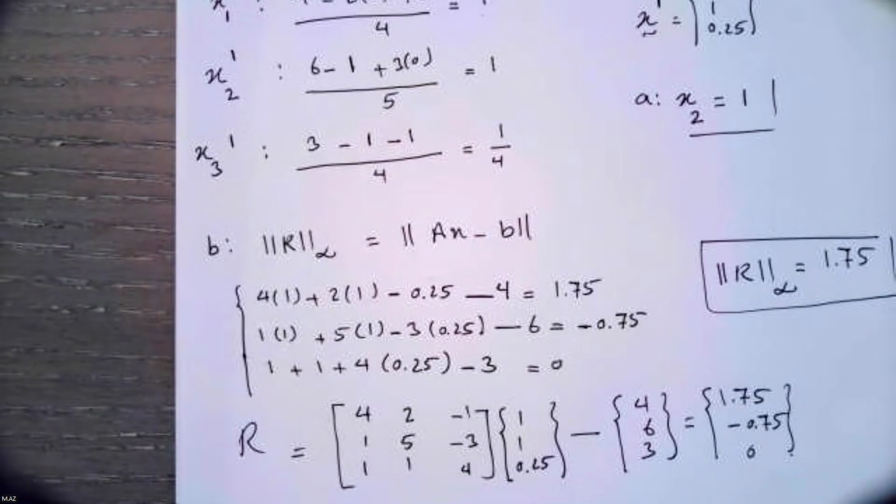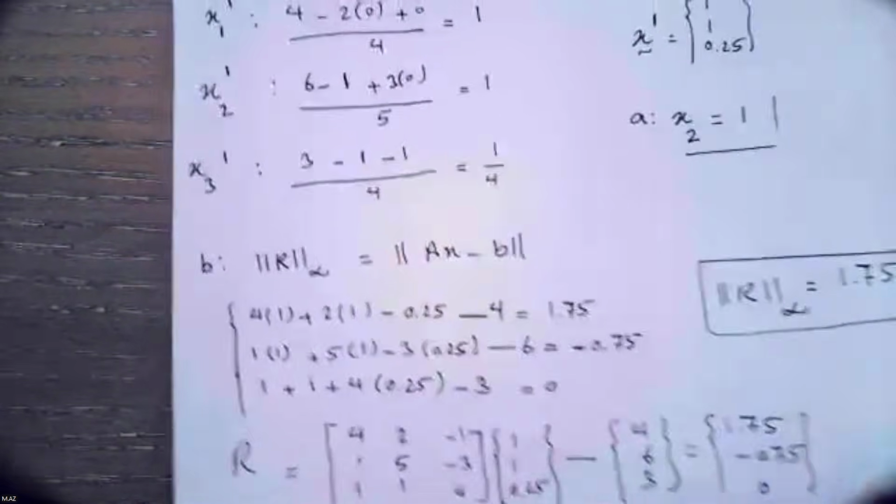Part C asks: after carrying out 2 steps of the Gauss-Seidel iterations, what's the value of x2?